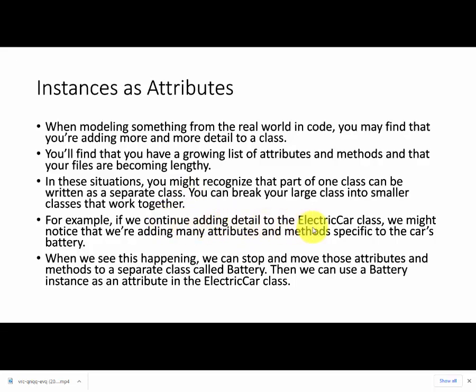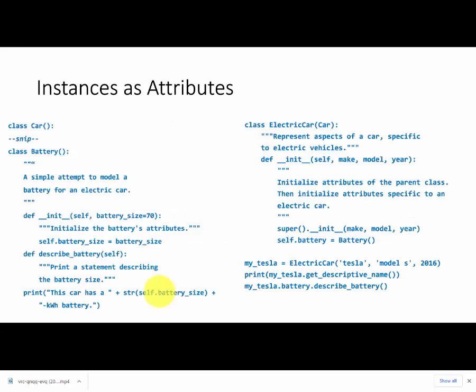Like if you continue adding detail to the electric car class, you might notice that many methods and attributes are added to it. Instead of that, move those attributes and methods to a separate class called battery. Then we can use a battery instance as an attribute in the electric car class like this.